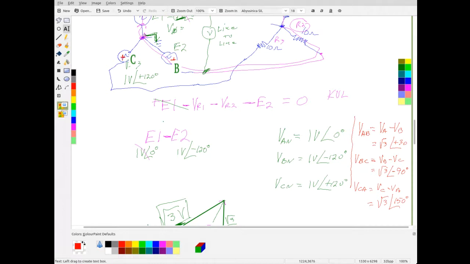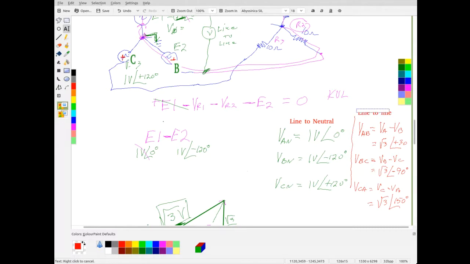All right, so these over here are line to neutral voltages. And these ones over here are line to line voltages.